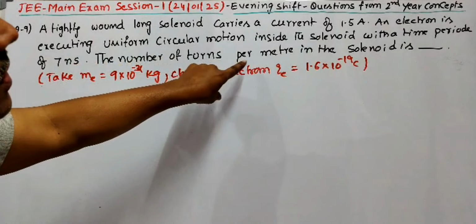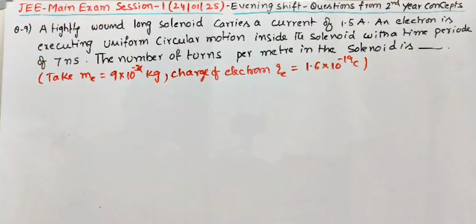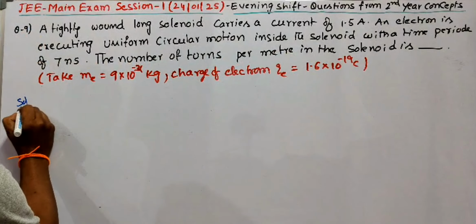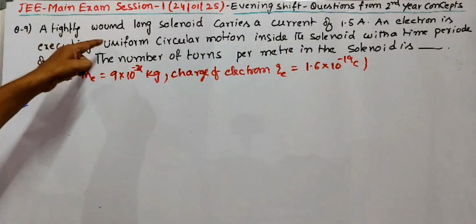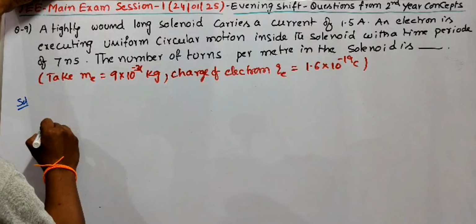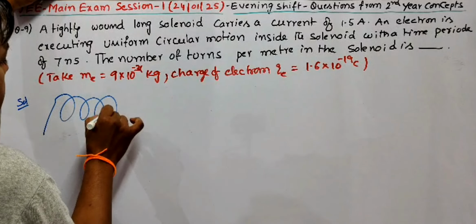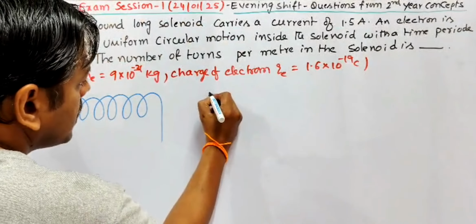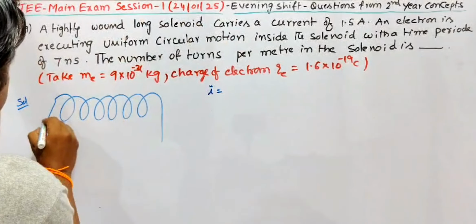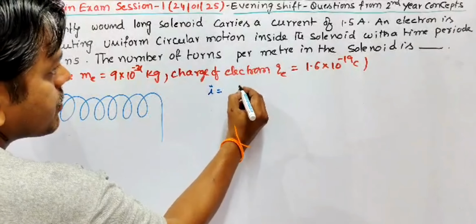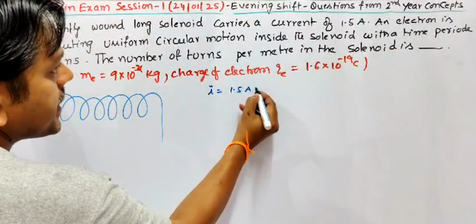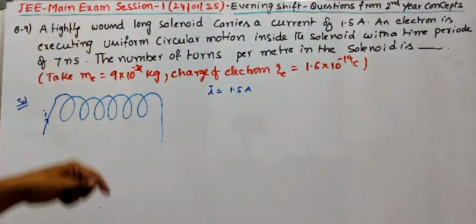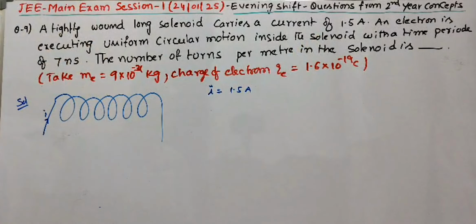The number of turns per meter in the solenoid is, okay, let us see. What is given? A tightly wound solenoid. Suppose this is a tightly wound solenoid, which carries current. The current carried by this solenoid I is equal to 1.5 ampere. An electron is executing uniform circular motion inside the solenoid.